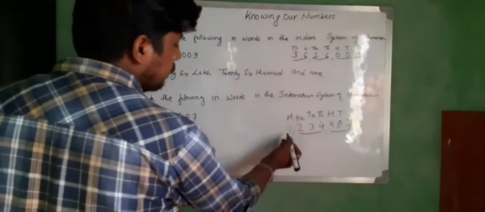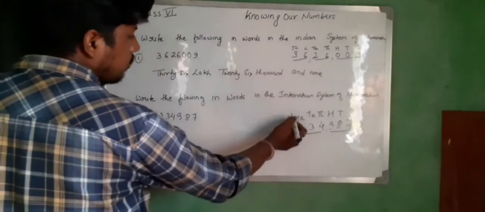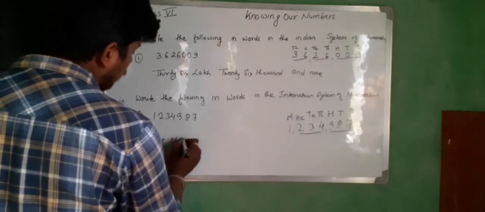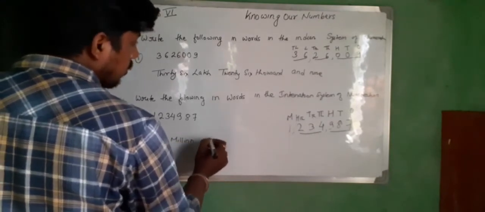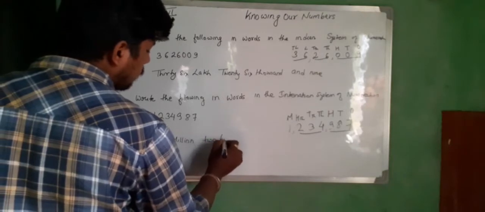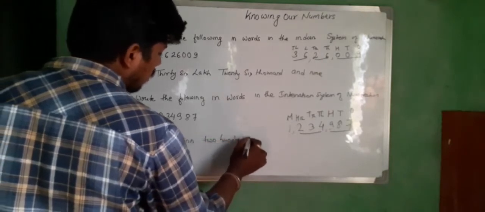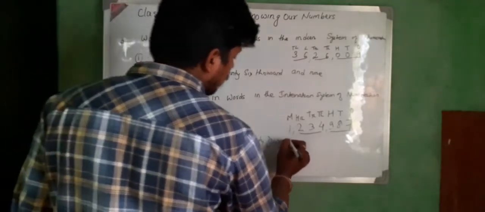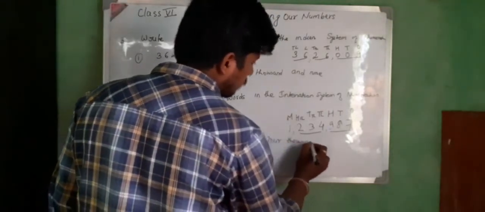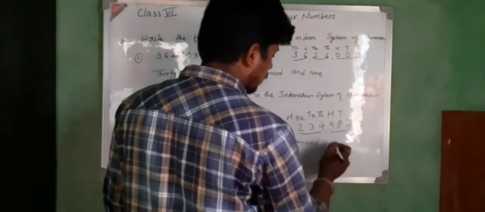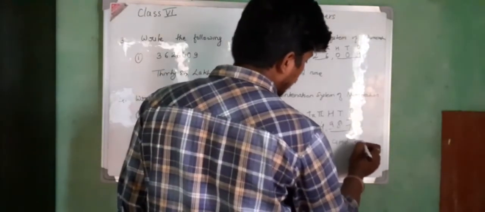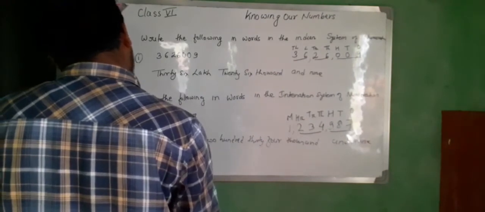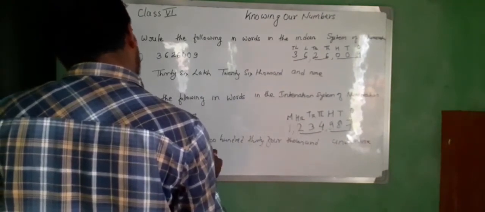Now we can write 1 is alone in the place of million. So I will write 1,234,980.